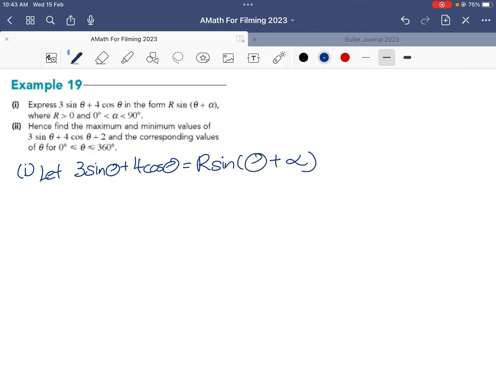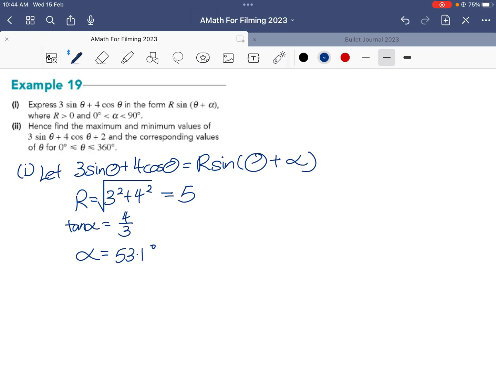So this one again from the formula sheet. I think by now we're getting quite used to this. The R value simply gives me a 5. Then to get my alpha value, tangent alpha is second over first, 4 over 3. So my alpha value is 53.1 degrees.